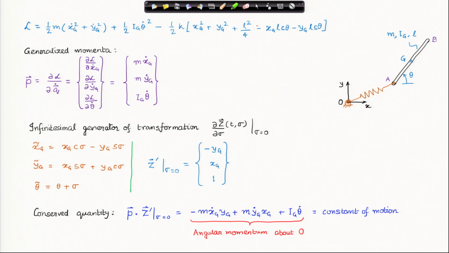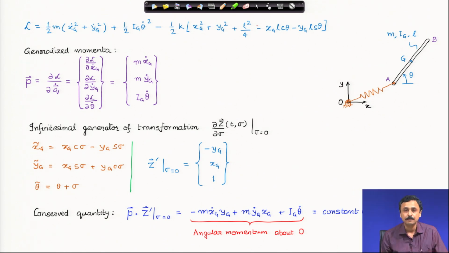And why do we have angular momentum conservation? Because the spring force always passes through that point O. Therefore, we have now been successful in finding out the conserved quantity or the constant of motion for this system. Now, this is one constant of motion which we obtained. This was of course a task which may or may not succeed or may be quite difficult.